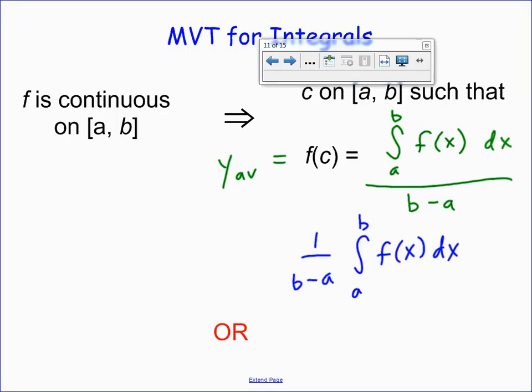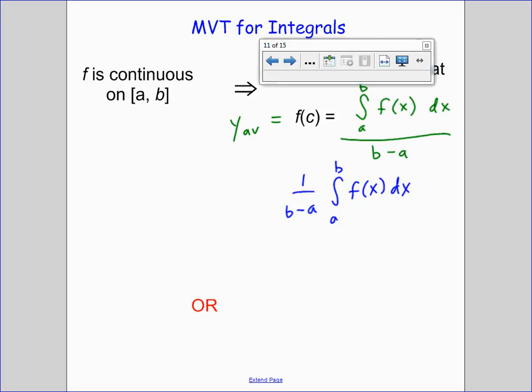Great. An alternative way to think about this is if we took that b minus a, the length of the interval, and interpret that now geometrically as the base of a rectangle, such that when multiplied by the height of my rectangle, y average, it equals the value of the definite integral, the exact area underneath the curve. What?